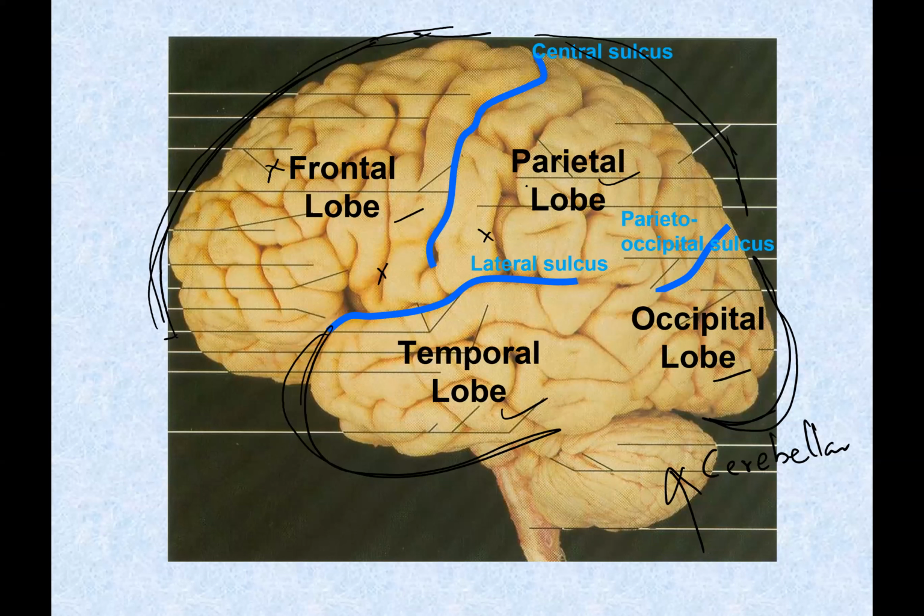Now this clear demarcation, in the sense, you can identify this parieto-occipital sulcus and the lateral sulcus. The lateral sulcus is anyway very clear. The central sulcus is also clear. The parieto-occipital sulcus is not very clear, but an experienced person can identify it somewhere here, not in this diagram. Okay, it's not clear in this diagram, I understand.